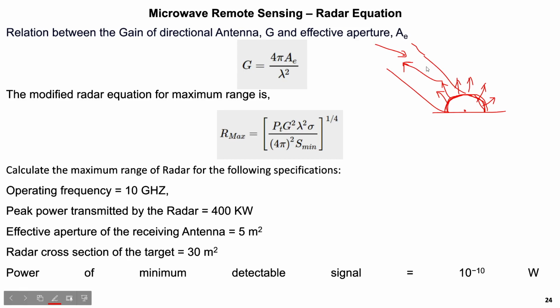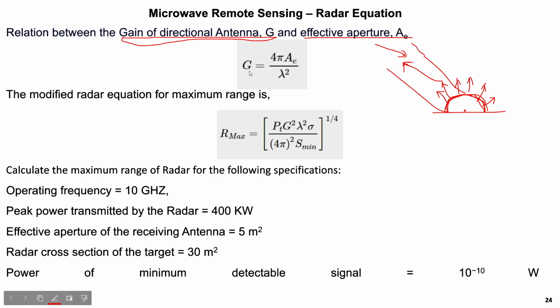So whatever is that area that's going to receive, that is called your effective aperture area, and it is calculated from the gain of your antenna, and they are establishing a relationship between these two parameters.